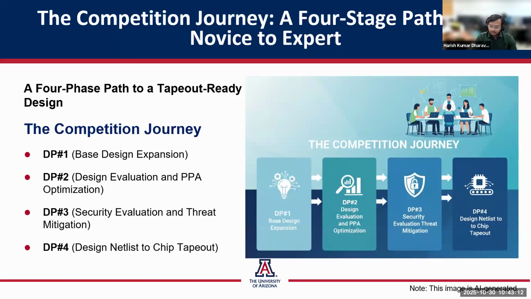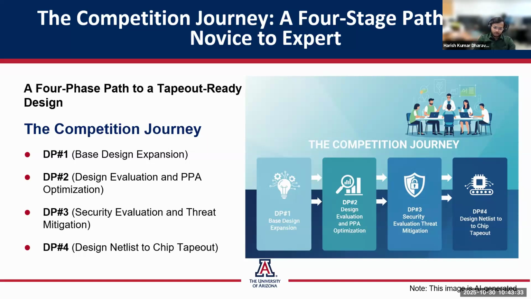So let's talk about the competitive journey. As we spoke before, we have divided the competition into four design phases. Design phase one, or DP1, is going to be the base design expansion, where you're going to choose one of the modules.